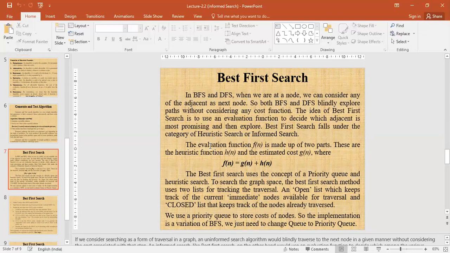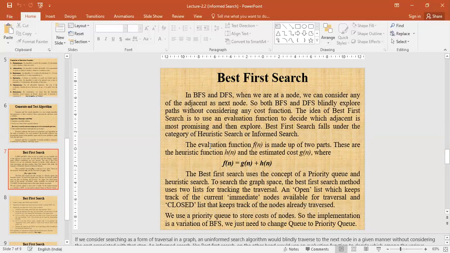Best first search algorithm. Best first search, in its most general form, is a simple heuristic search algorithm. In BFS and DFS, when we are at a node, we can consider any of the adjacent nodes as the next node.